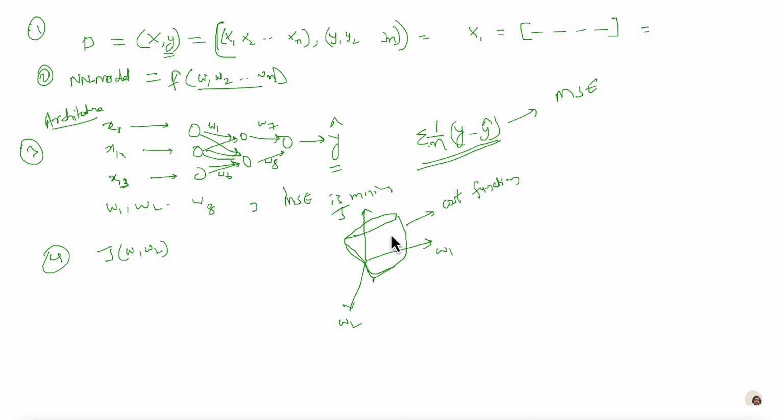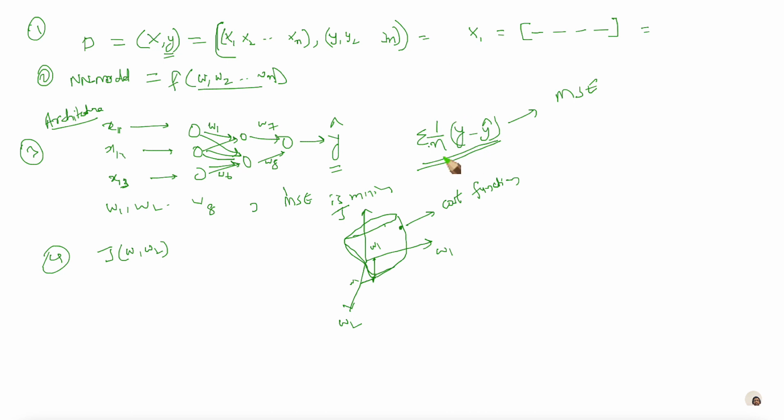We have various values of w1 and w2 and the corresponding j value. You could start out at one of these places, and our goal is to find w1 and w2. For example, in this case, j is minimum at this point for these w1 and w2 values.